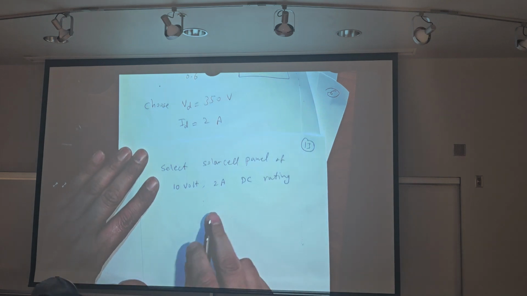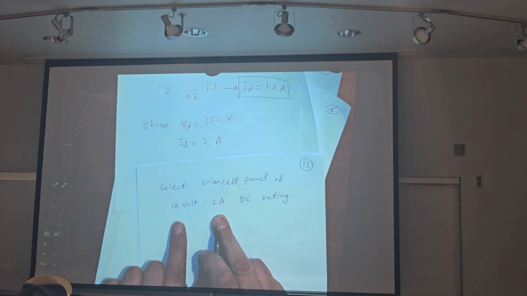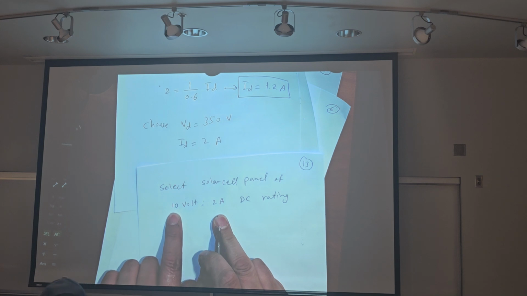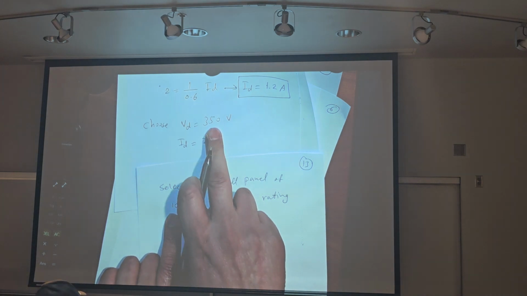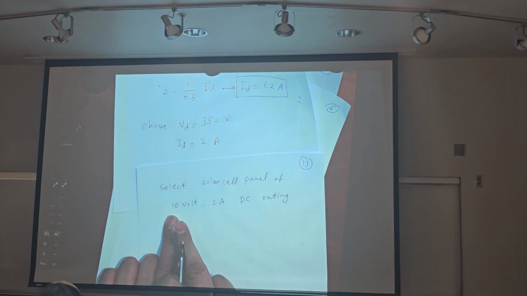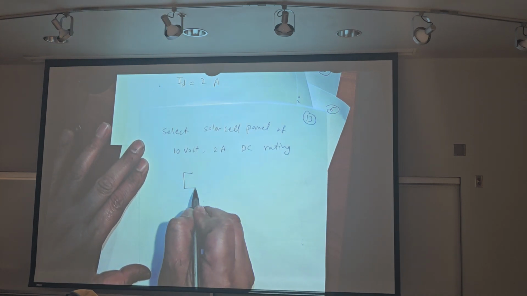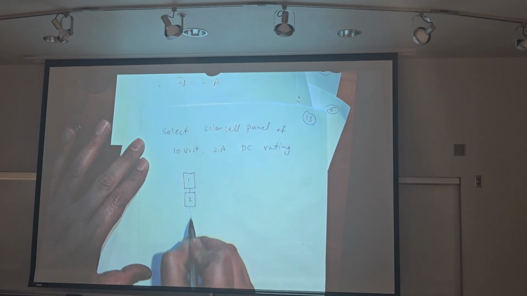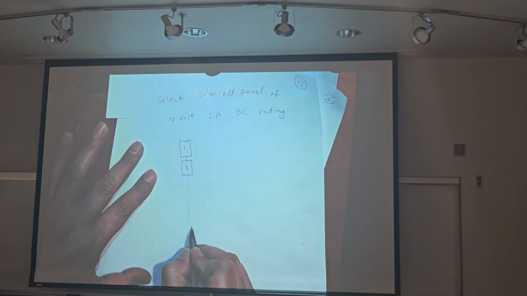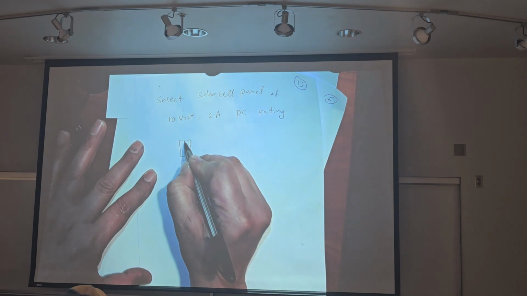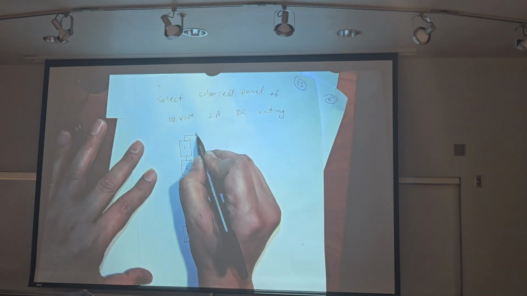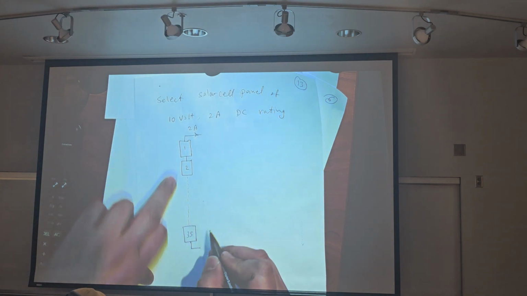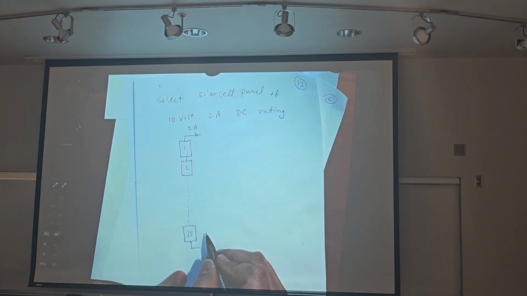So we have 2 ampere, okay. 350, and each one 10, we can divide 350 by 10 equal 35. So here solar panel 1, 2, ... 35 generate 2 ampere, each of 2 ampere in series, okay.